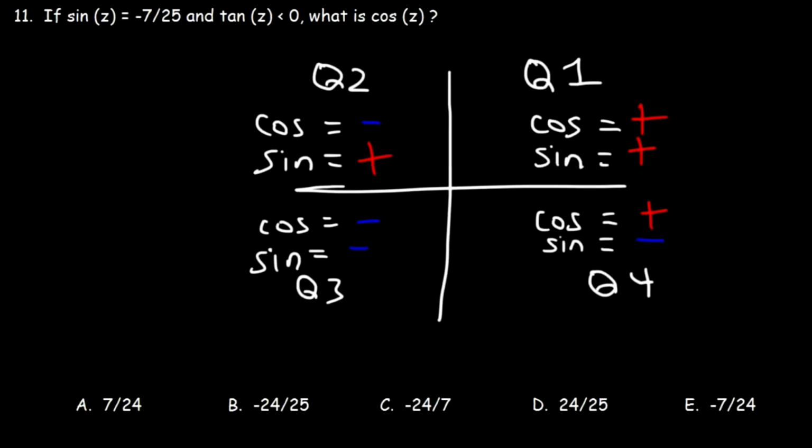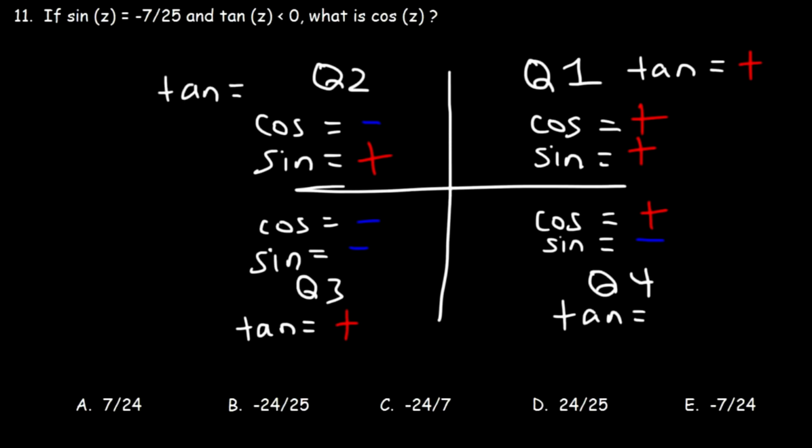Now tangent is basically sine over cosine. It's y over x. Tangent is positive when sine and cosine have the same sign. So it's positive in 1 and 3. Tangent is negative in 2 and 4 when sine and cosine have opposite signs. So these are some things to keep in mind.